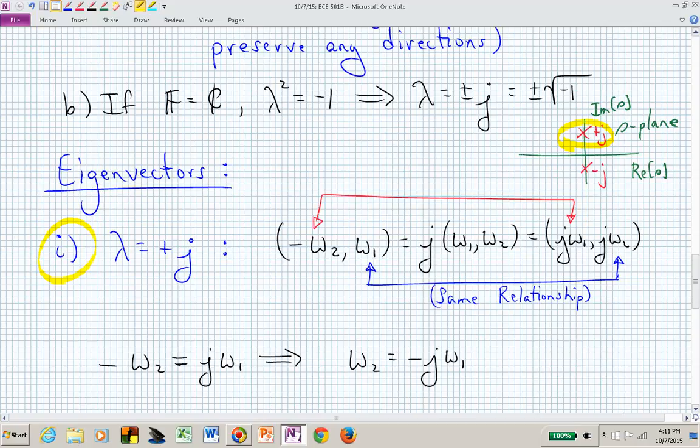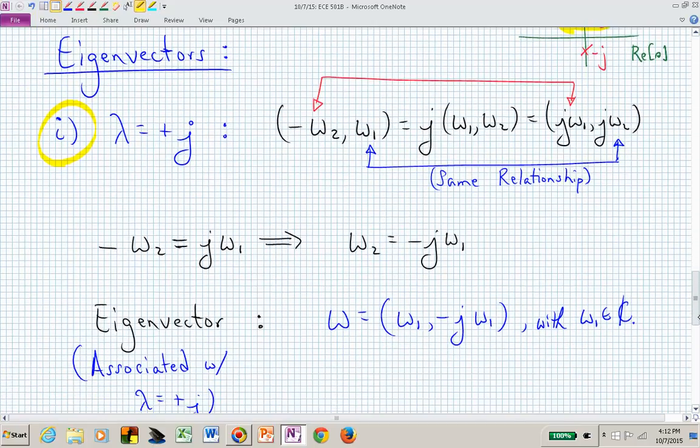Let's solve for W2 and assume that W1 is our free variable. And W1 is playing in the field of complex numbers. So the second coordinate of our eigenvector is a scalar away from the first coordinate. It's just minus j times the first coordinate.